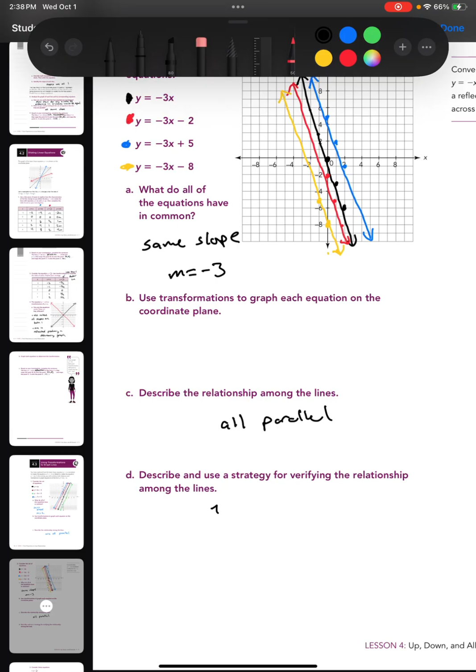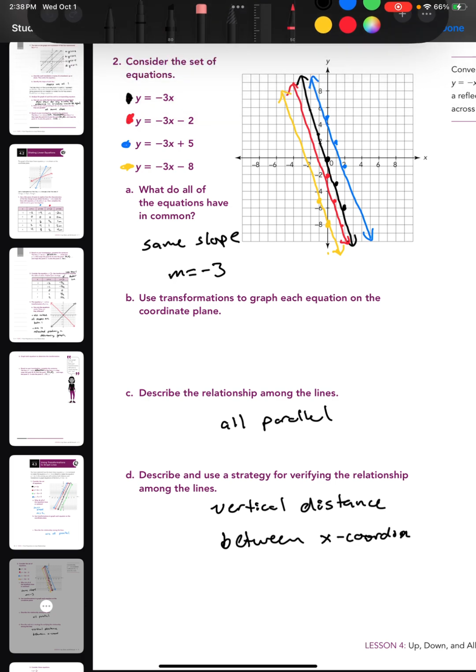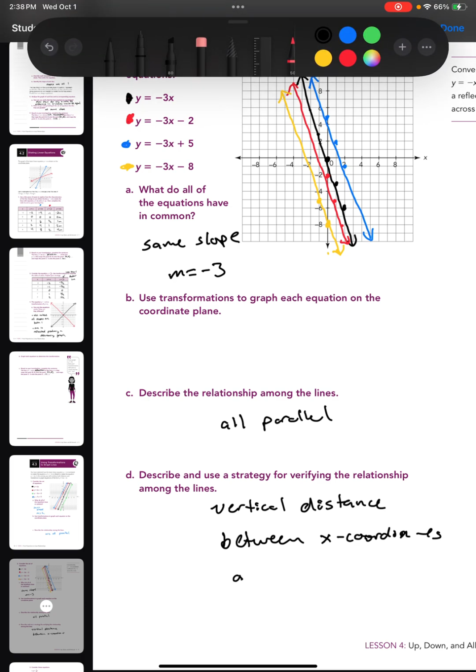You could just verify they're parallel by the vertical distance between the x-coordinates being all equal. So in other words, the x-coordinates of each one of those lines, if we look to the line next to it, would be an equal distance for each x-coordinate along the two lines you're trying to compare.